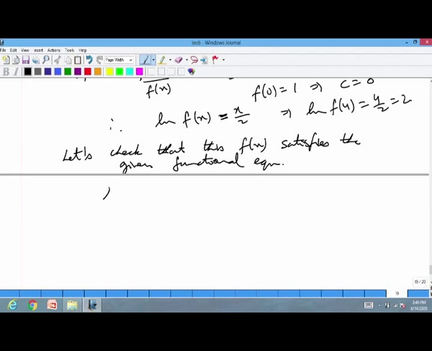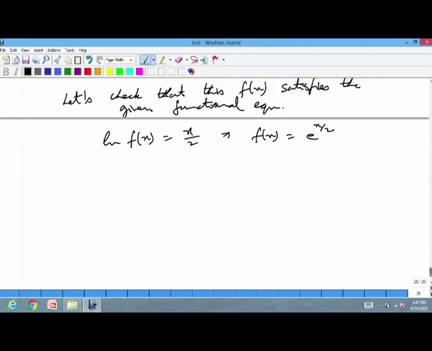So, we have log f x equal to x by 2, which implies f x is e to the power x by 2. Now, if f x is e to the x by 2, then what is f x plus y? This will be e to the power x plus y by 2, which is equal to e to the x by 2 times e to the y by 2.